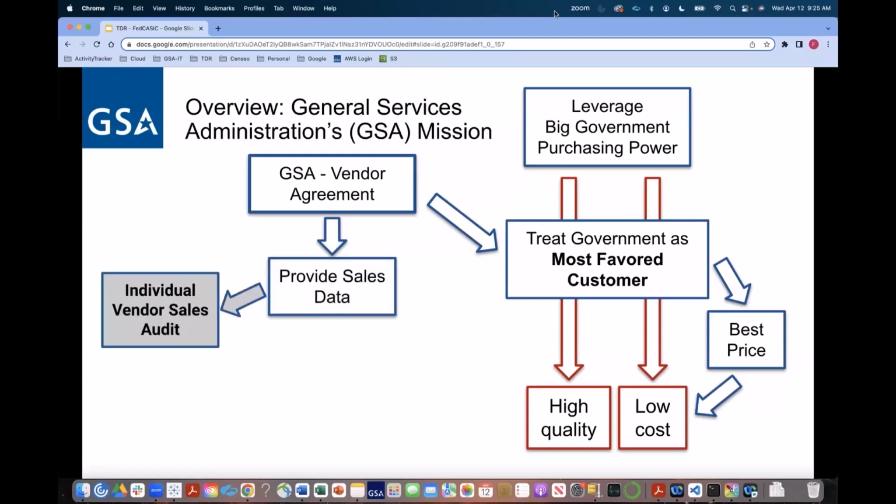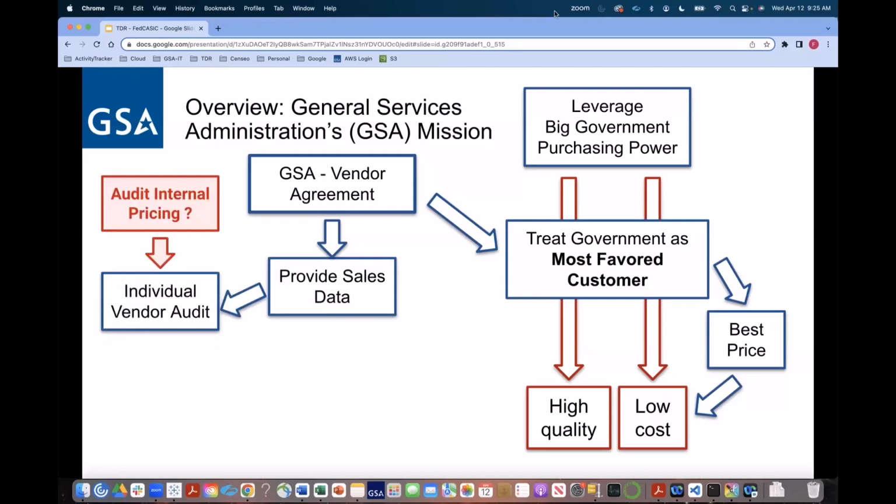So the way we handle that is we could and we do conduct vendor audits. But the audits are very difficult. They are very time consuming because how do we find pricing? We are receiving a single line item that says computer products for a large dollar value. The contractor could go back if they're being audited and pull the detailed transactional data.